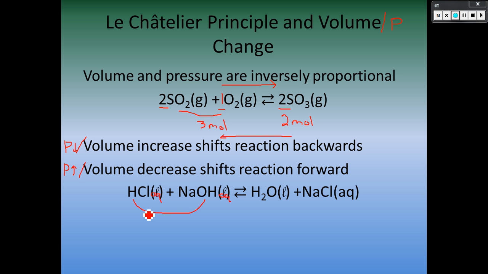But my point being, on this side of the reaction there are 2 moles, and on this side of the reaction there are also 2 moles, which means this is a time when at equilibrium, if you change the volume or the pressure, it actually doesn't affect the reaction at all because there's the same number of moles on either side.